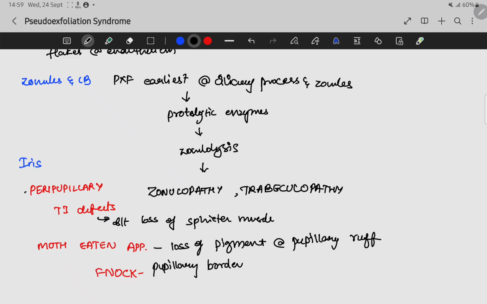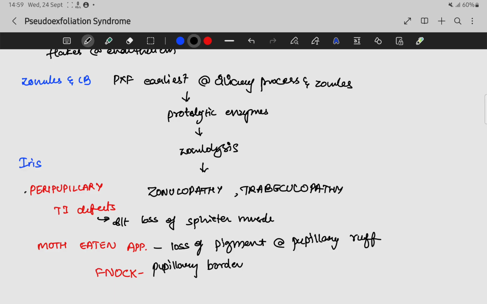We must remember this because it differentiates it clinically from pigmentary glaucoma. In pigmentary glaucoma we have read it causes mid-peripheral transillumination defects, whereas here it is causing peripupillary transillumination defects and moth-eaten appearance and flock.